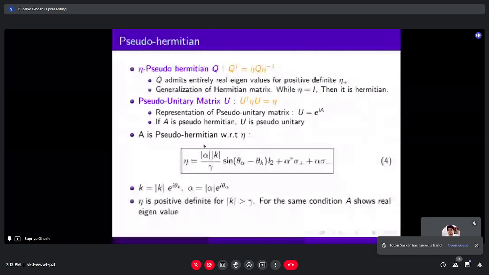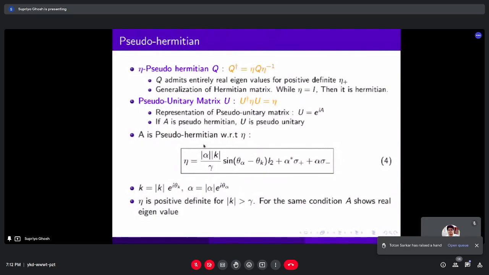So it is also a generalization of the unitary matrix. As a unitary matrix can be represented as the exponential of i times some Hermitian matrix, similarly, a pseudo-unitary matrix can be represented as U equal to the exponential of i times some pseudo-Hermitian matrix.